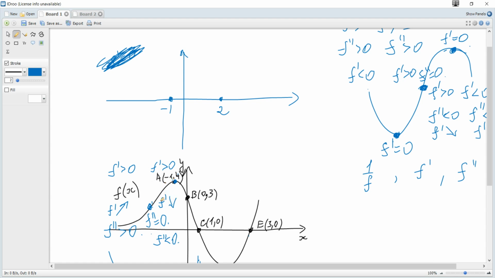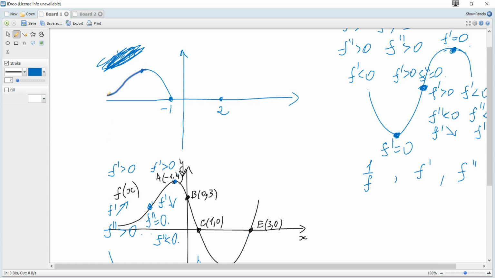The first derivative is positive and increasing here, then decreasing here, and a turning point somewhere here. So positive and decreasing, positive and increasing.